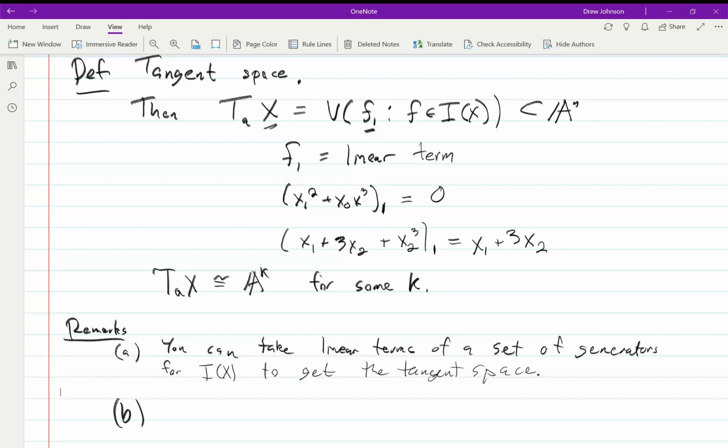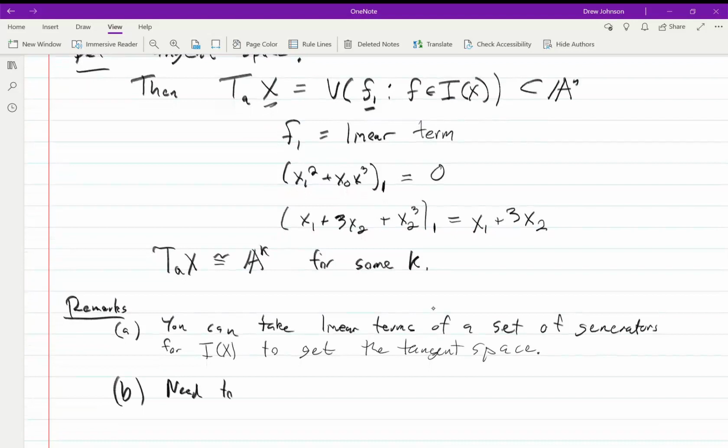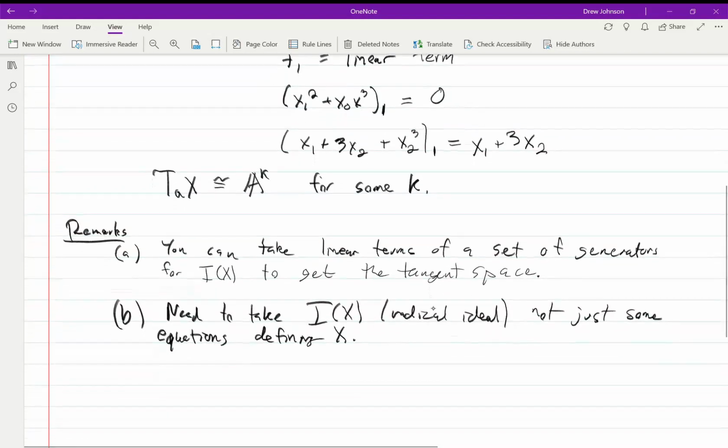All right, B is that you need to take the actual ideal of X, the radical ideal, right? Not just some equations defining X. So the example to think about is suppose we had X equal the vanishing of x_1 inside of A^1.